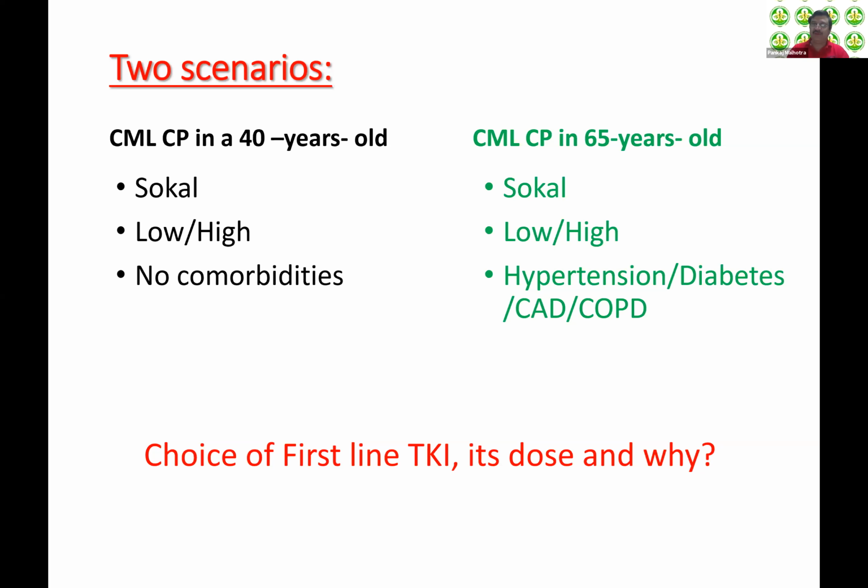If the patient has pulmonary problems, I'll try to avoid dasatinib. If the patient has hypertension, CAD, coronary artery disease with QT prolongation, I'll try to avoid nilotinib. So everything is individualized, and based on the comorbidities, we can choose the therapy. But still, for low risk, we are comfortable with imatinib, as other people also said. We have enough experience in that.